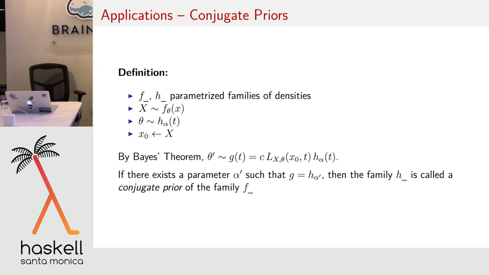But with conjugate priors, the definition is that if there exists a parameter alpha prime so that this new density we get is still in the H family, the same family as our prior, then our family H is called a conjugate prior of the family F. So in our context, F is our Bernoulli with an unknown P. And H is something that we impose on the P in order to estimate it.